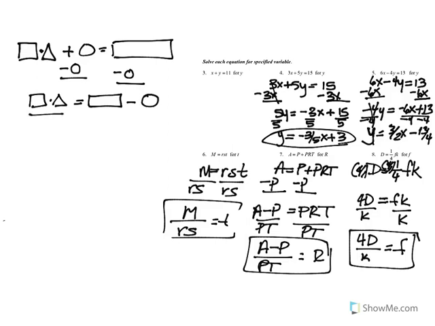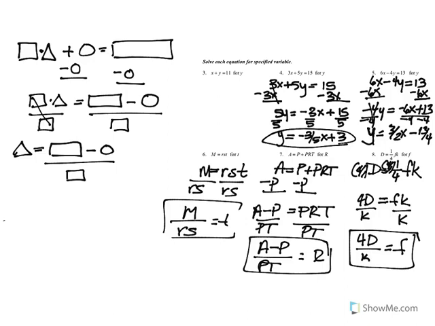And then we would divide both sides by the square. So triangle equals rectangle minus circle over square. And that's it. All it is is a process. That's why once you know how to solve, you can solve anything. Okay? All right.